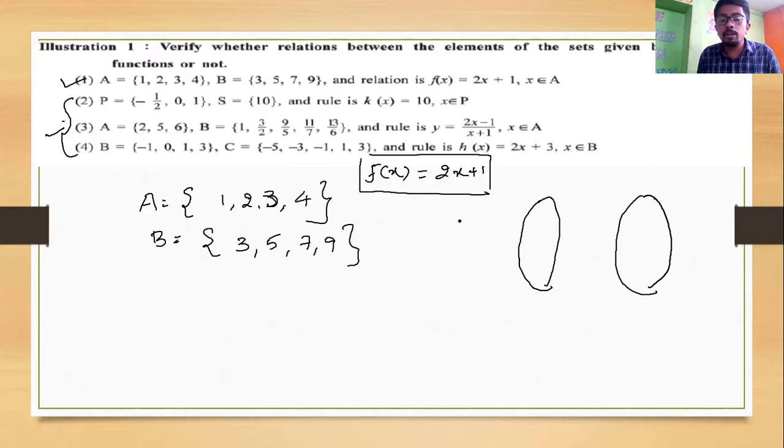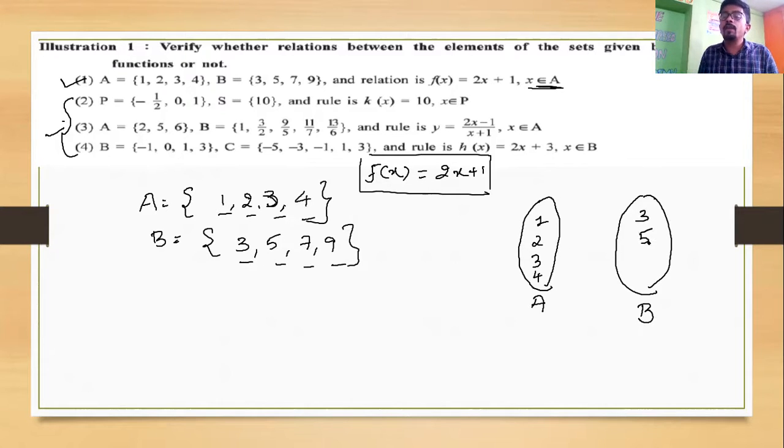So the function here, what is given? x belongs to A, meaning you are going to pick the elements from A and check the image in B. What are the elements of A? 1, 2, 3, 4. And in B we have 3, 5, 7, 9.